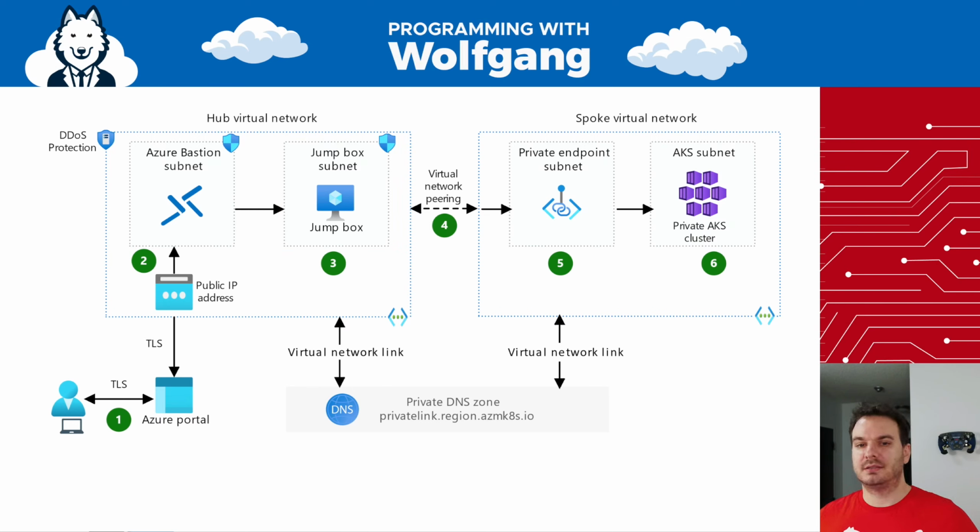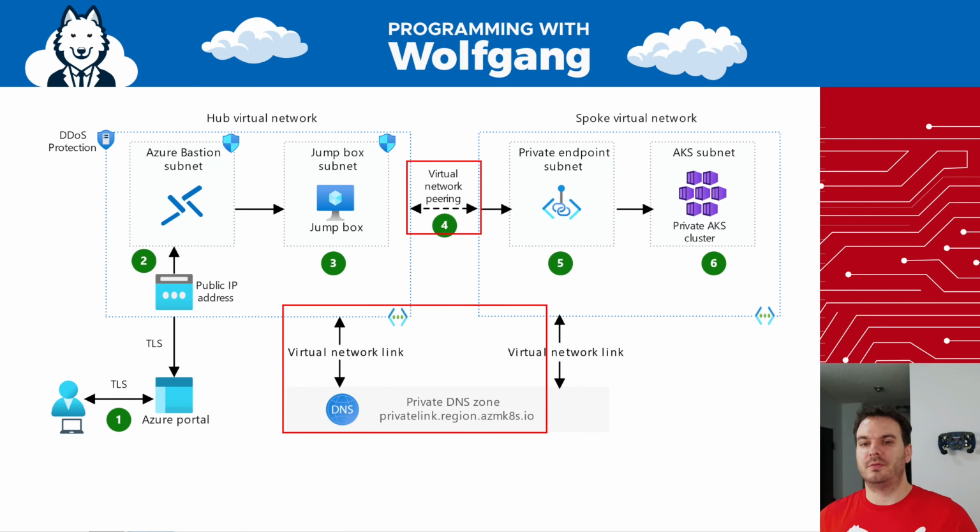But after this setup was complete, we still didn't have access to the AKS cluster. This is because we had to implement the Vnet peering from the VM Vnet to the AKS Vnet, and we also had to register our Vnet with the private DNS zone of the AKS cluster.